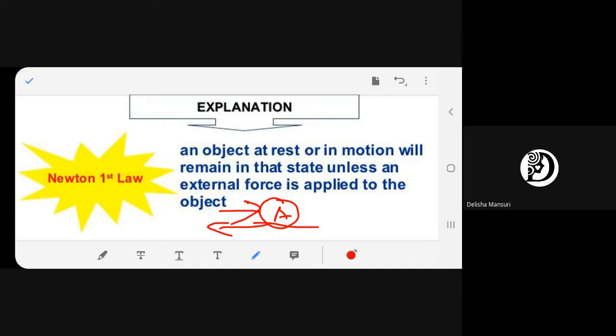Or if the body is moving already, it will keep moving until and unless I apply a force to stop it. Okay? So how do we stop a car?